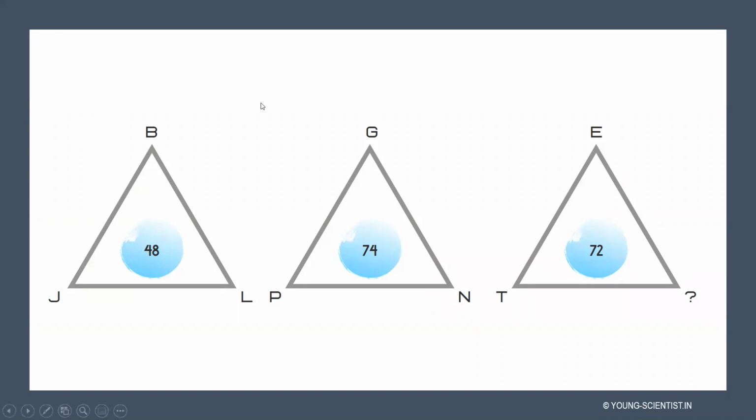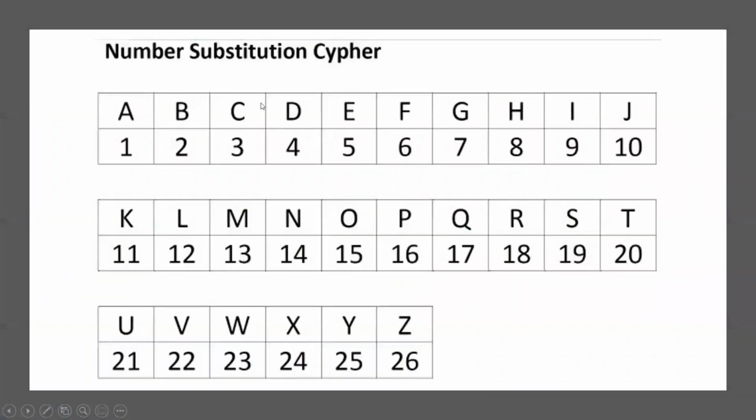Okay, so you substitute each letter with a number, and there are many ways to do this. You can substitute each letter with an even number, but the easiest, the simplest one is by the place they hold in the English alphabet.